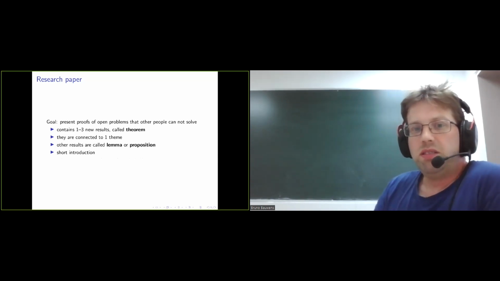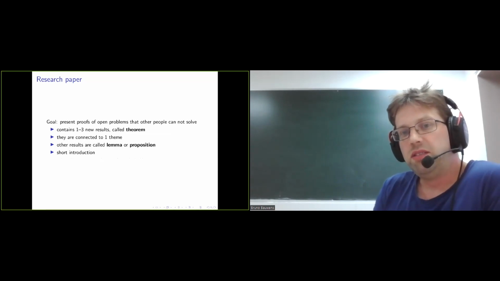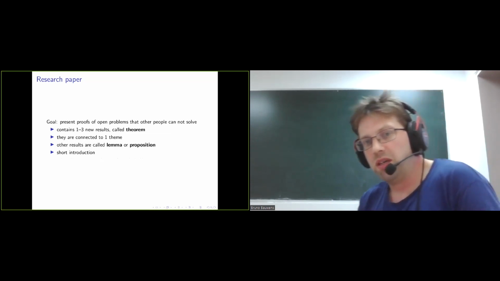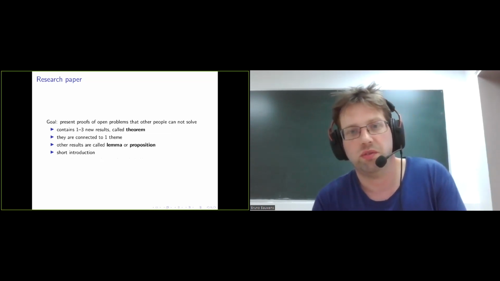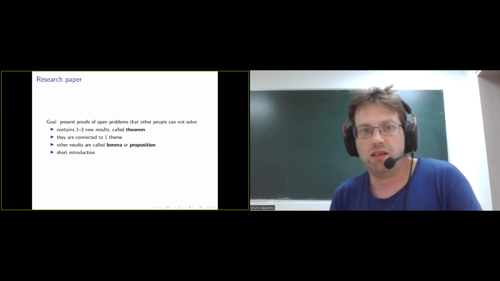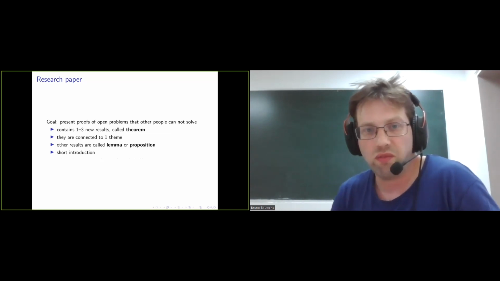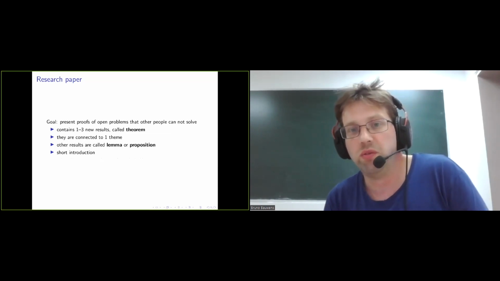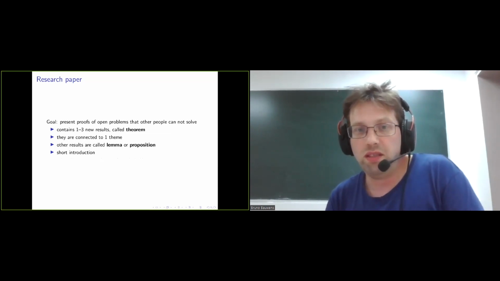A lemma is a result that is used inside a bigger proof. So it is some technical result that is used in the specific context of a more complex result. It's also used to denote a result with an easy proof.